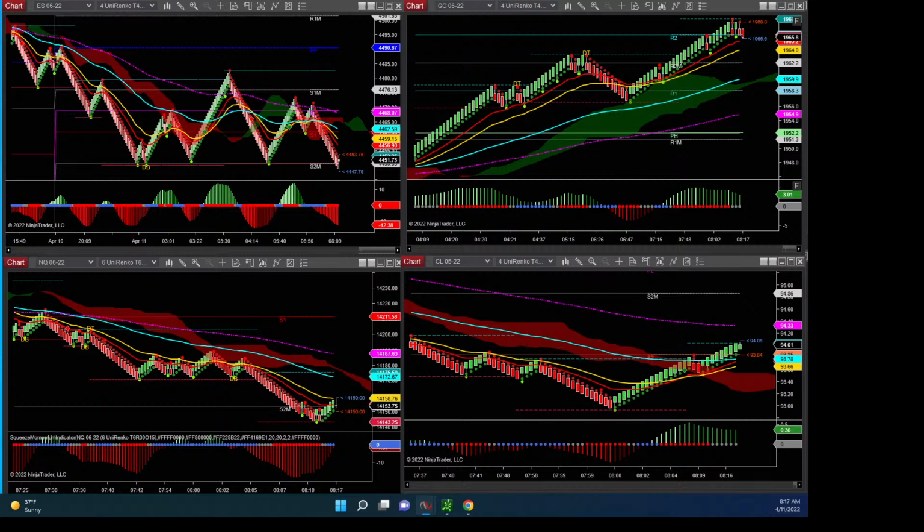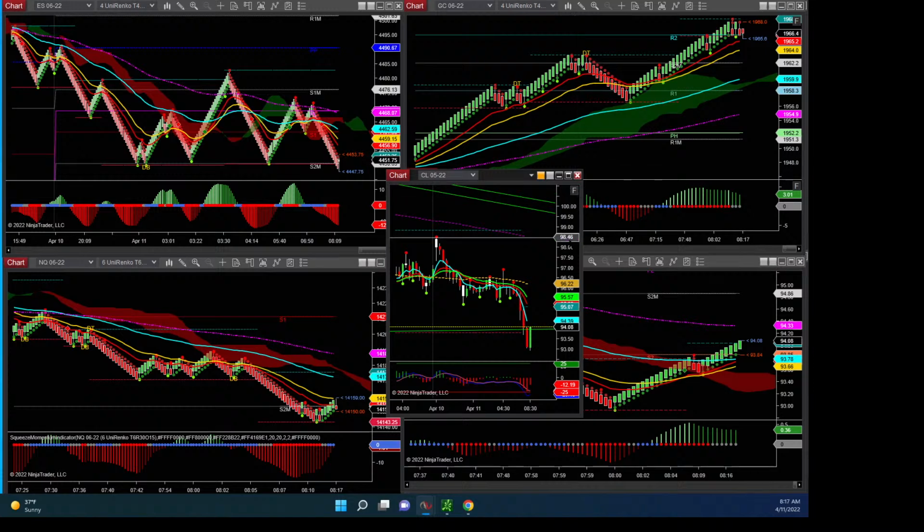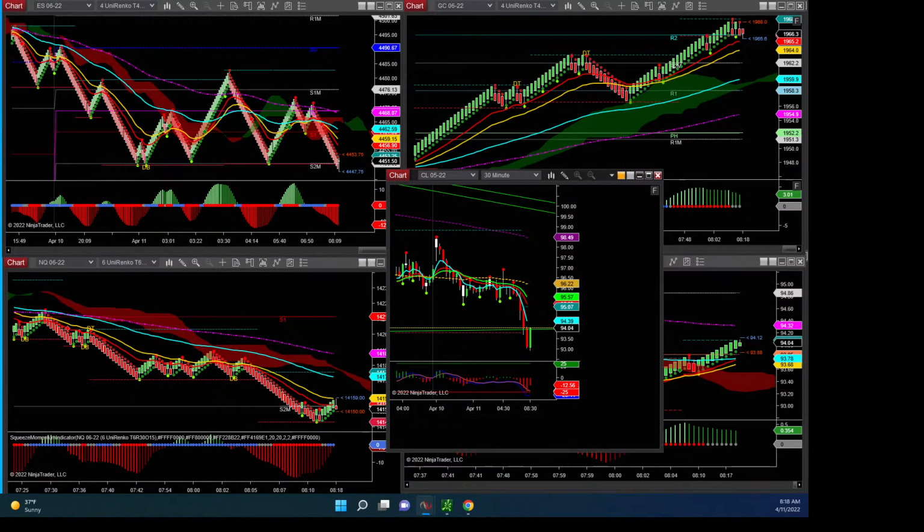Counter trend for me, so not taking it at this point. And I'm talking about the higher time frame. So let me put here the 30 minutes chart.